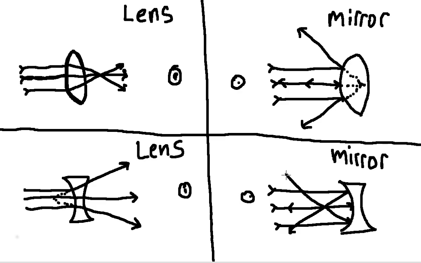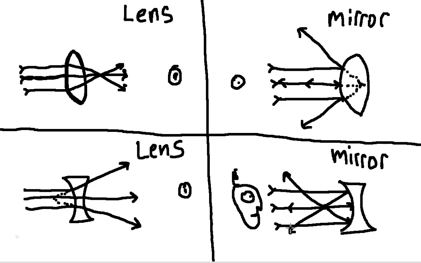And notice they're all coming together at a point, and this is where it looks like the source of this light, whether it was a bulb or just light that was reflected off something, to this observer right here, let's say this is a person, it's going to look like the object that this light's coming from is right here, and it's going to look inverted or upside down because these light rays swap positions.